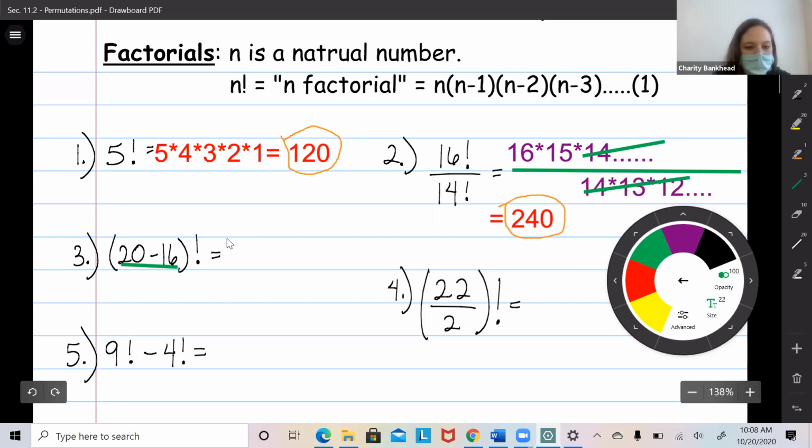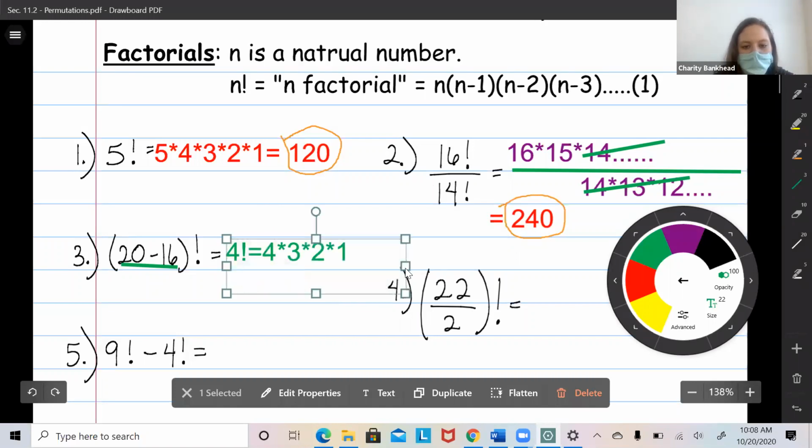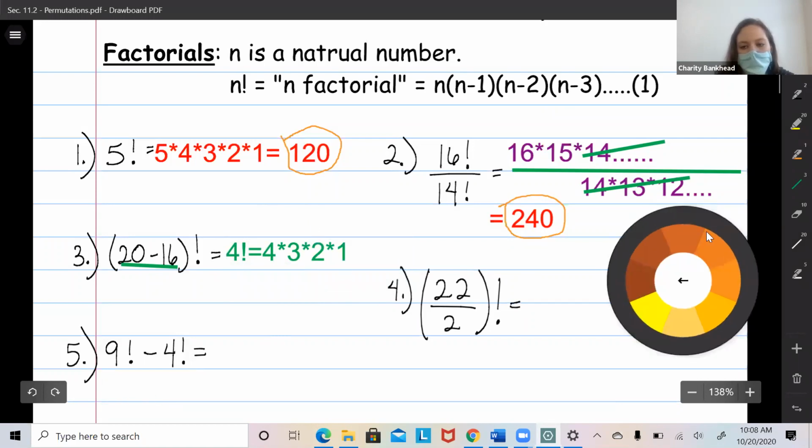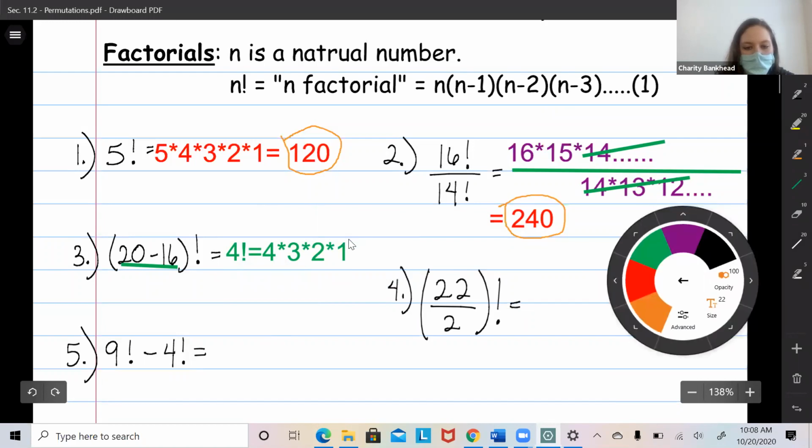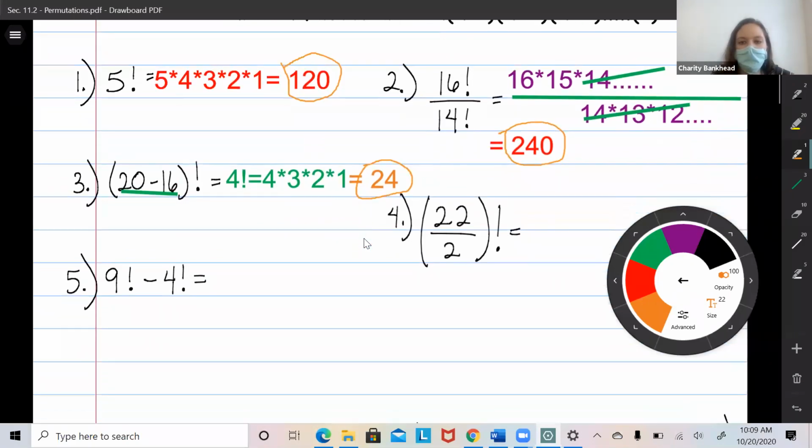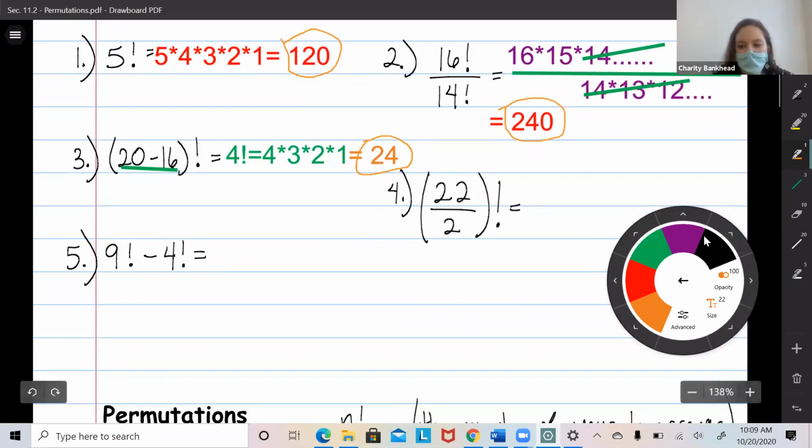So then you just need to calculate 4 factorial, which equals 4 times 3 times 2 times 1, which equals 24. And for the next one, 22 divided by 2 would be 11.